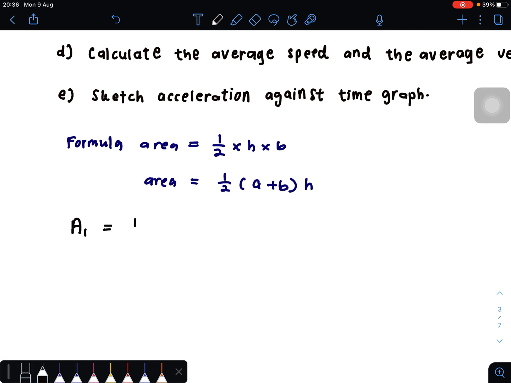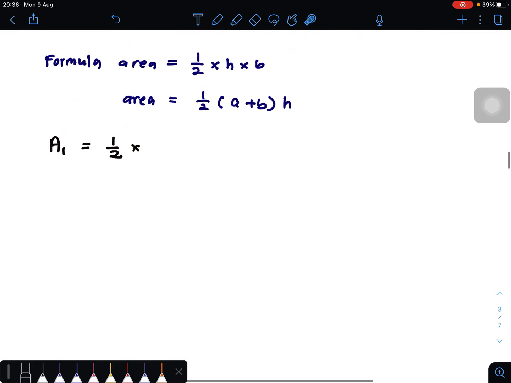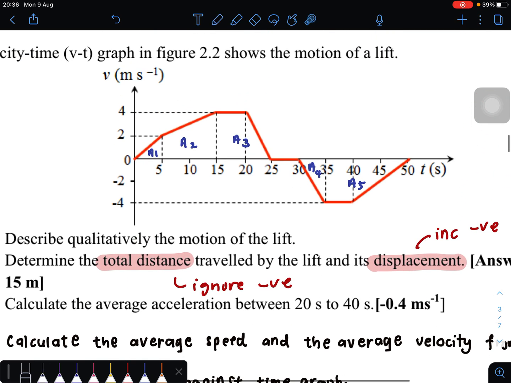A1 is equal to 1/2 times the height times the base. The height here is 2 and the base is 5. 1/2 times 2 times 5, so you will get 5. And then A2 is the trapezium.